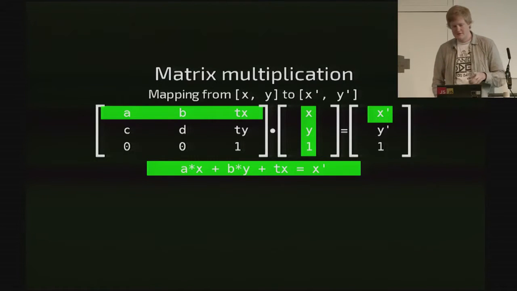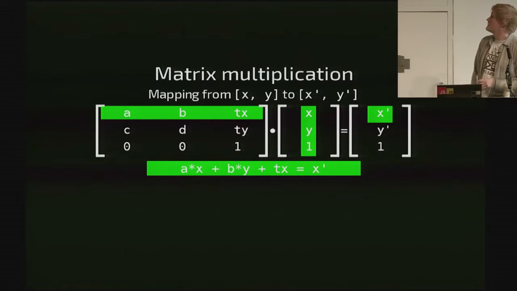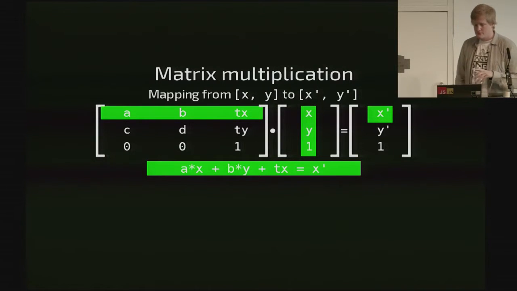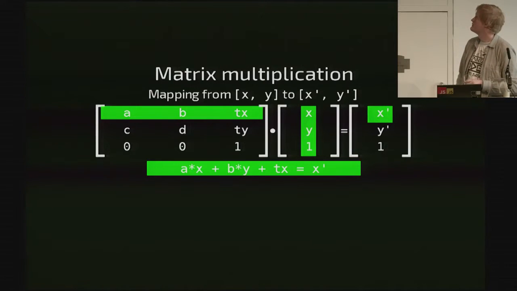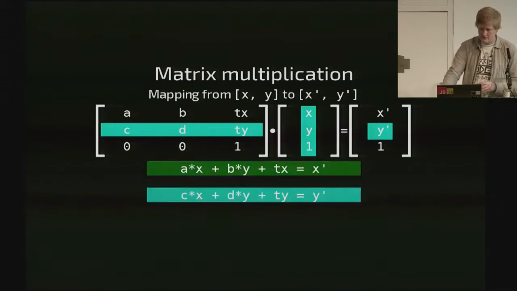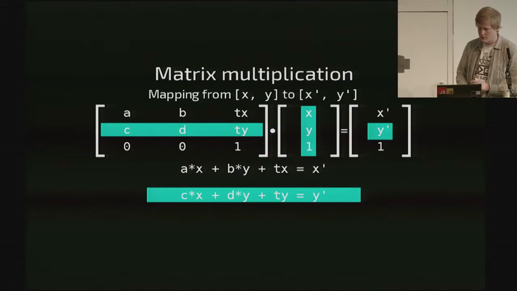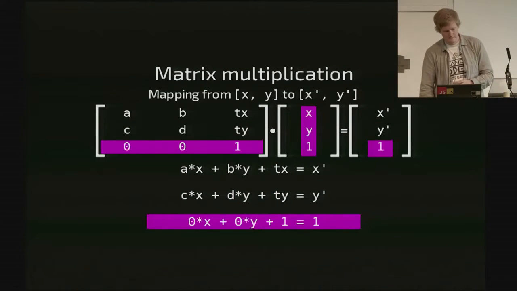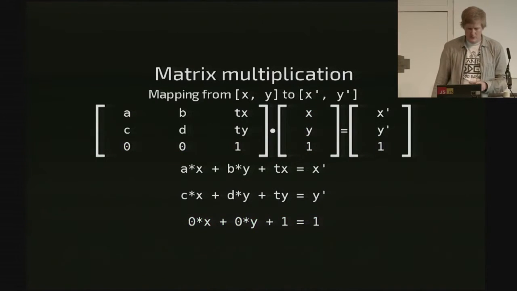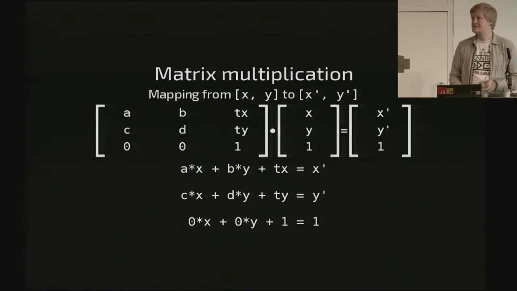Dot multiplication is taking each element of the 2 rows and multiplying them, and we then add them up. And we can repeat this for the y portion of the coordinate and for the perspective component. We now have the complete set of equations that we need to solve in order to get the new location of a point after a transformation.